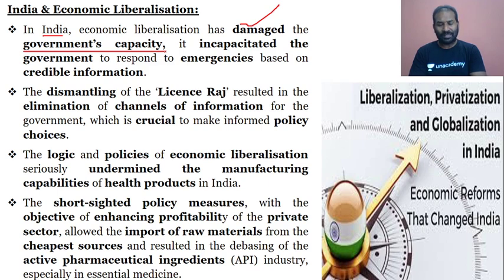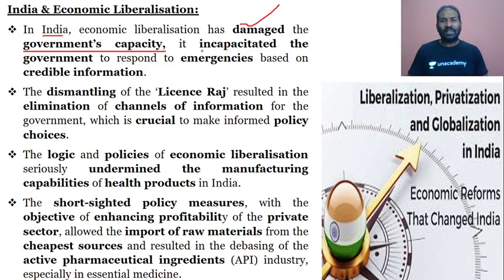it is damage done to the government's capacity itself. Because once the liberalization concept has come into being, along with privatization and globalization in India, the government's capacity to have control over the production has reduced.